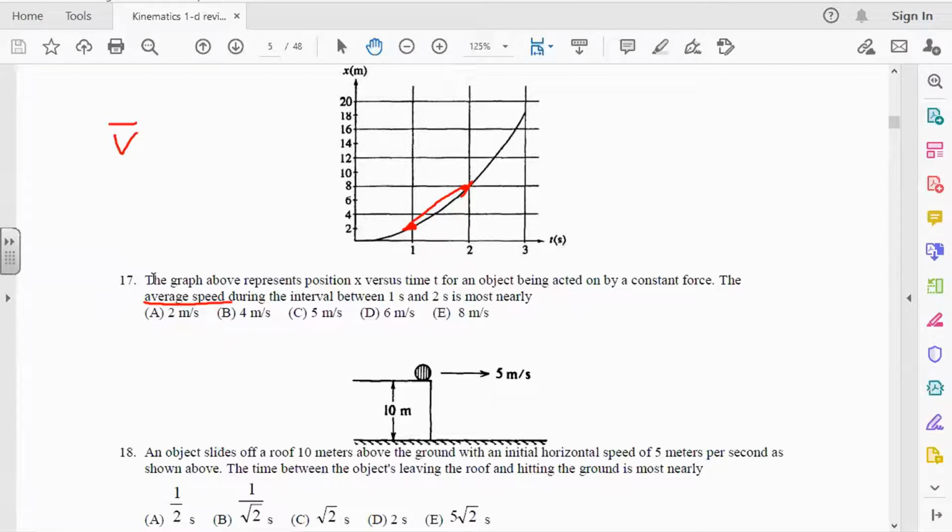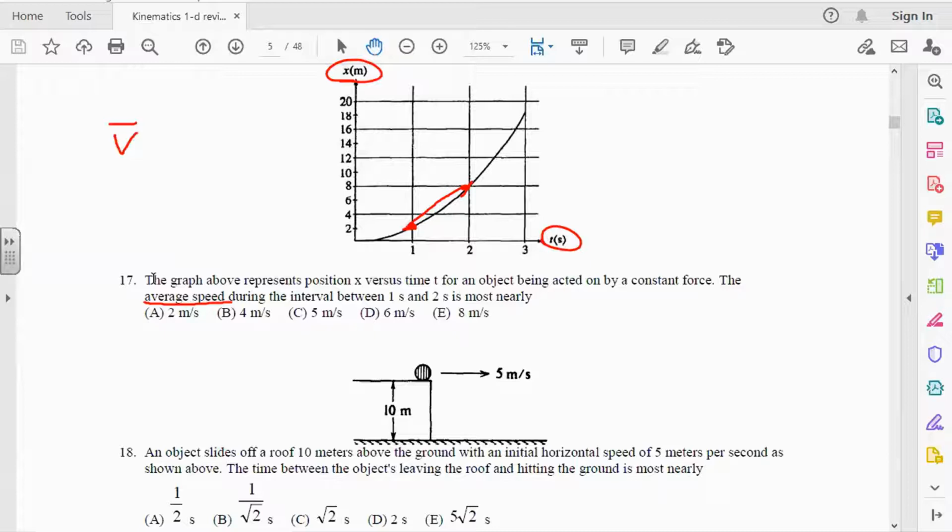The average speed now is just going to be the slope of that line that I drew, because we have a displacement versus time graph. So again, you have to pay attention to the type of graph that's given to you and not make assumptions. Just make sure you're applying the correct principles for the correct graph. Average speed is just the slope between 2 points.